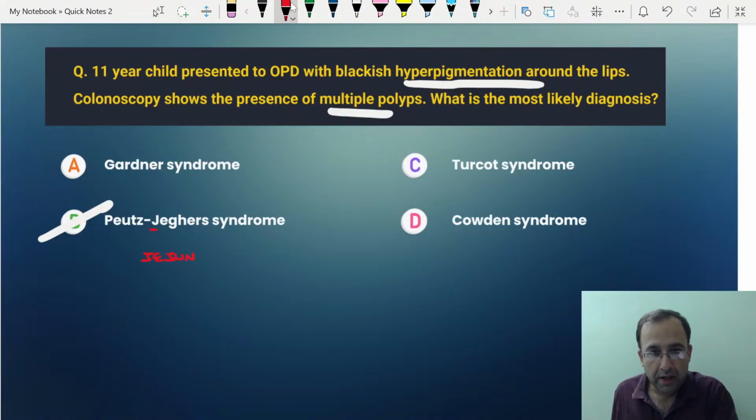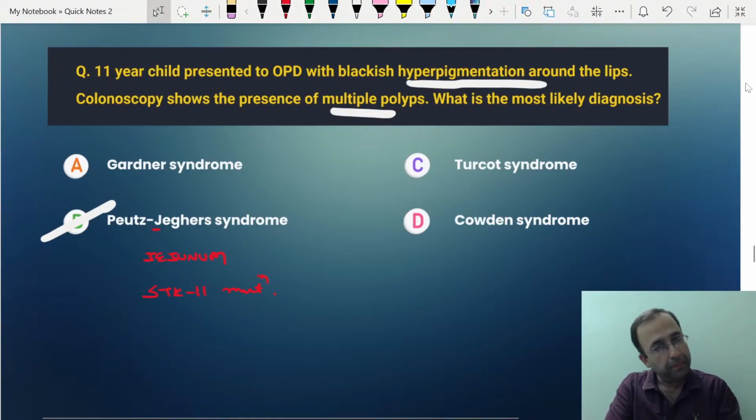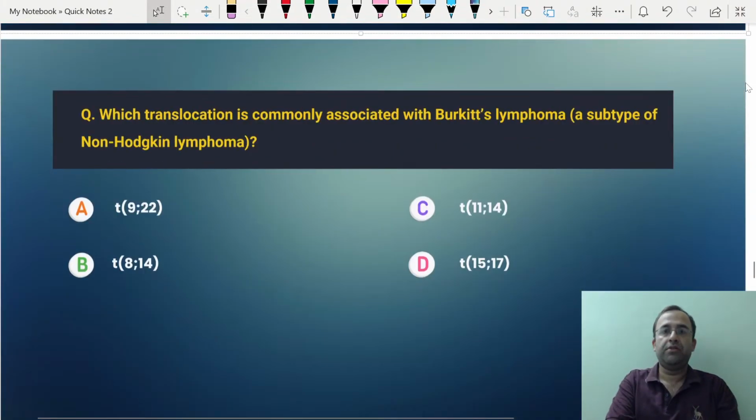The classical history is presence of jejunal polyps with hyperpigmentation around the oral cavity, nasal mucosa, palms, soles, perianal and periscrotal region. That is Peutz-Jeghers syndrome, associated with STK11 gene mutation.